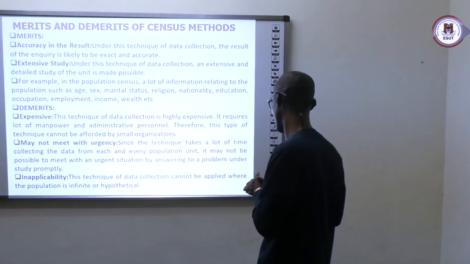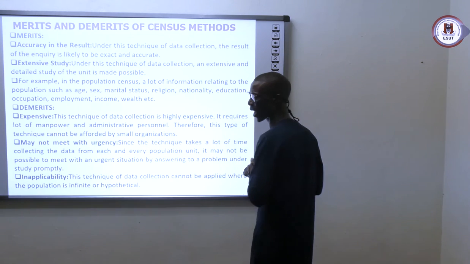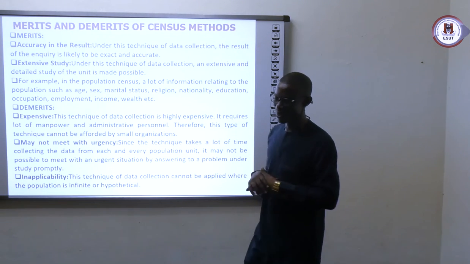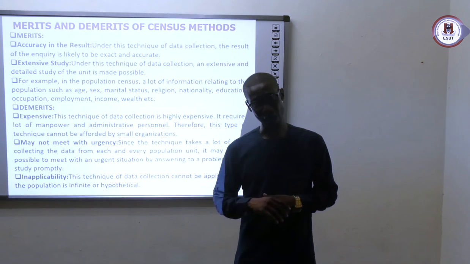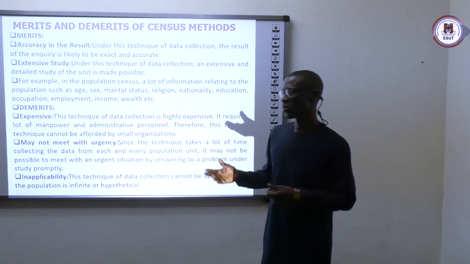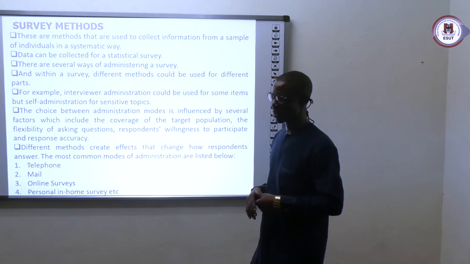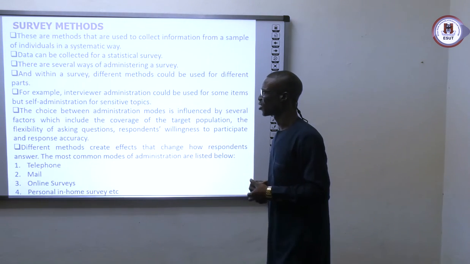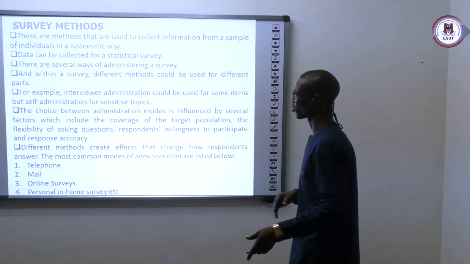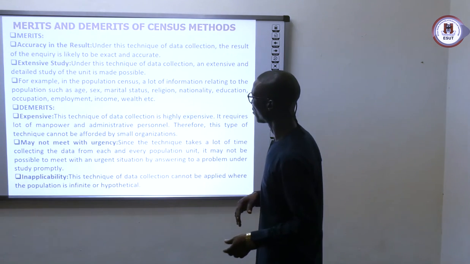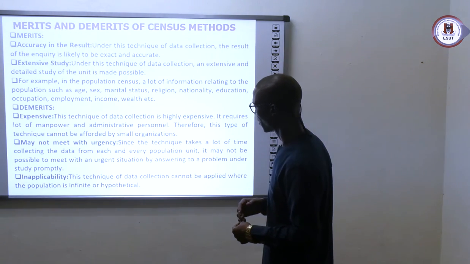It's only the government that has the capability of conducting a census. A census is very difficult to carry out by individuals or private sectors due to its expensive nature. It's very expensive to handle.